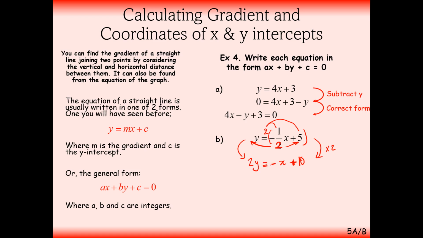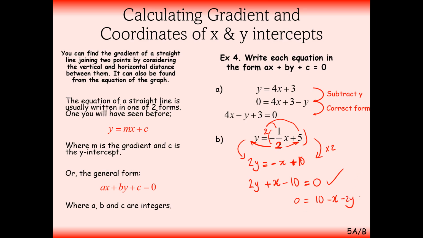Then finally, we can bring everything to one side of the equation. You need to add x and take away 10. So we'll add x to the left and take away 10 from both sides. We get 0. This is the format they want you to write. Now you might have a different sign. This is the same as having a minus x on the right and minus 2y on the right.